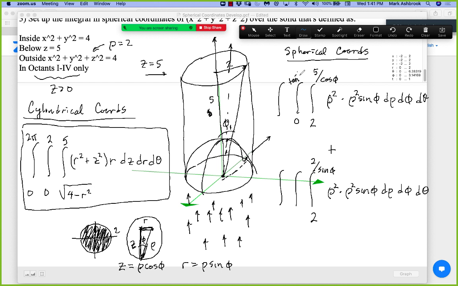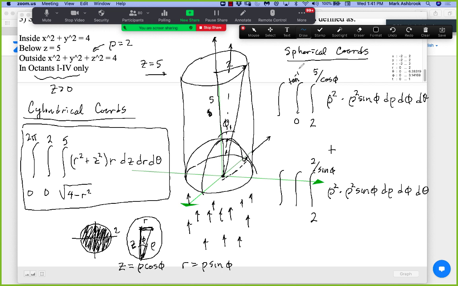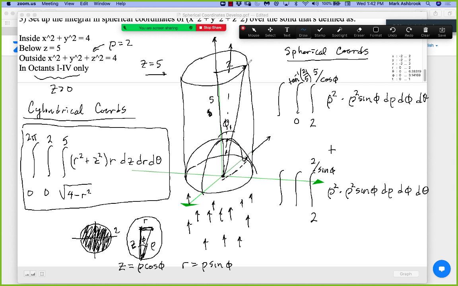Won't it be arctangent of 2/5? Does it make sense? Opposite side is 2, adjacent side 5. That's that angle. Where's the breaking point? We're going to do opposite over adjacent, inverse tangent. So when phi is 0 to that angle, we're exiting out z equals 5.